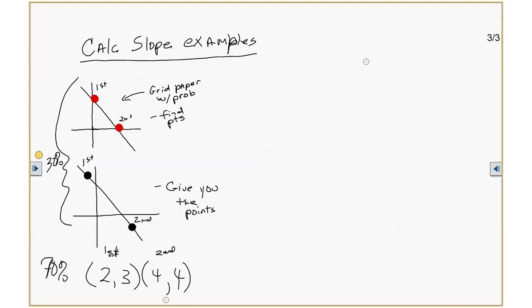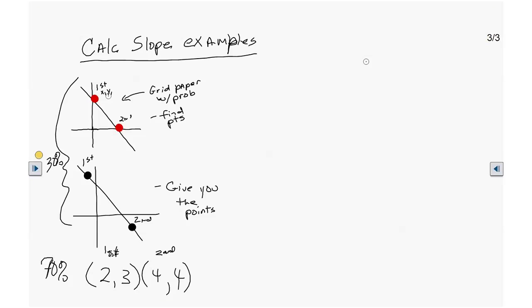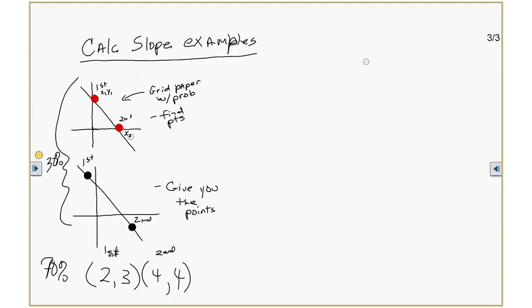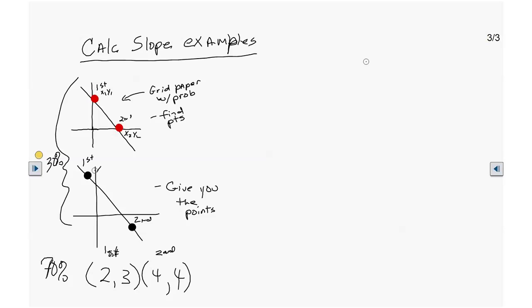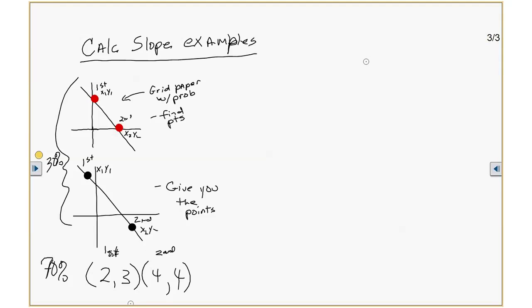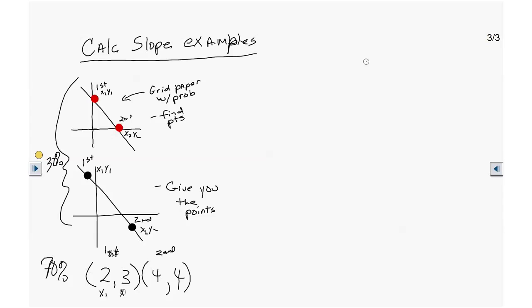So, this is x sub 1, y sub 1. This is x sub 2, y sub 2. This is x sub 1, y sub 1. This is x sub 2, y sub 2. What do you think this is going to be? Well, this is x sub 1, y sub 1.